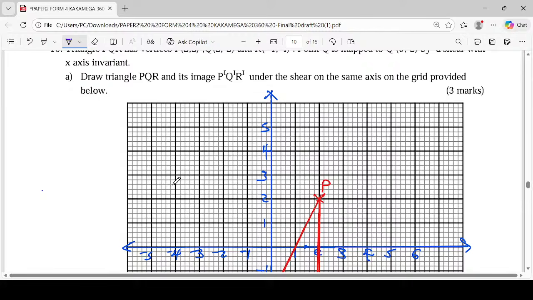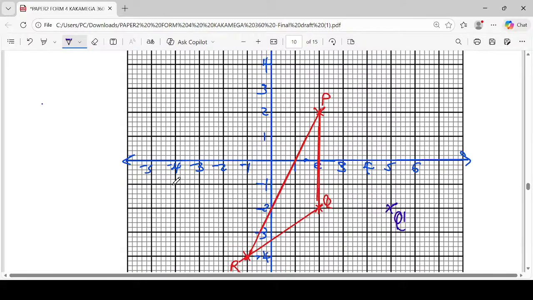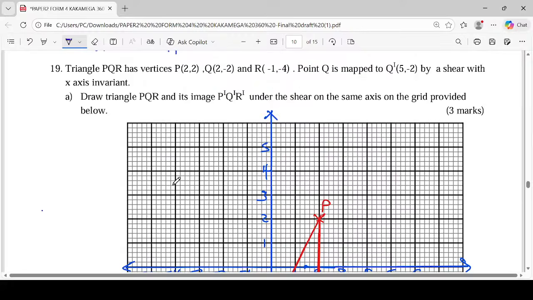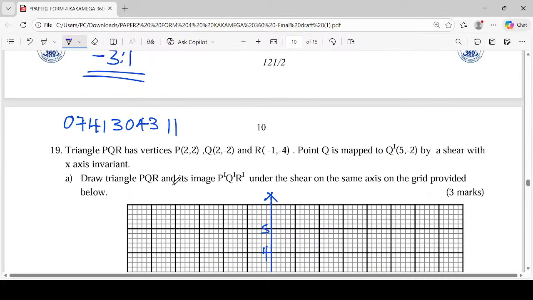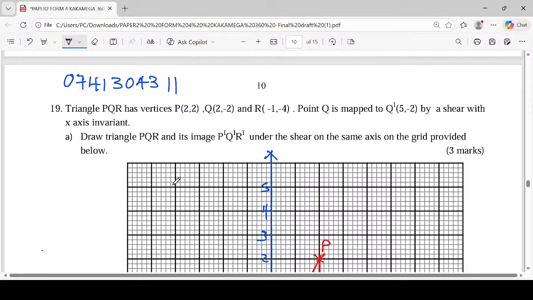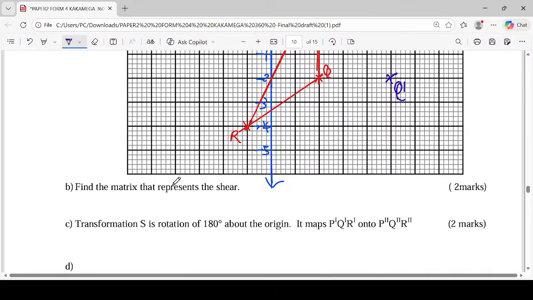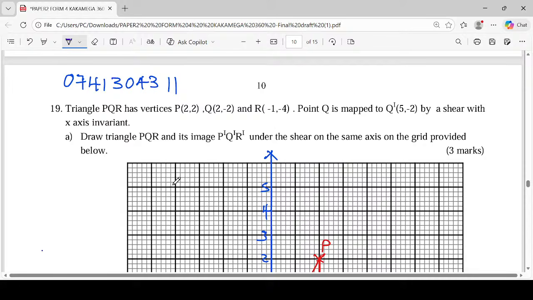Because Q prime has moved that way, it is a shear with x-axis invariant. A shear with x-axis invariant is normally represented as the matrix 1, 0, K, 1, where K should be the scale factor.